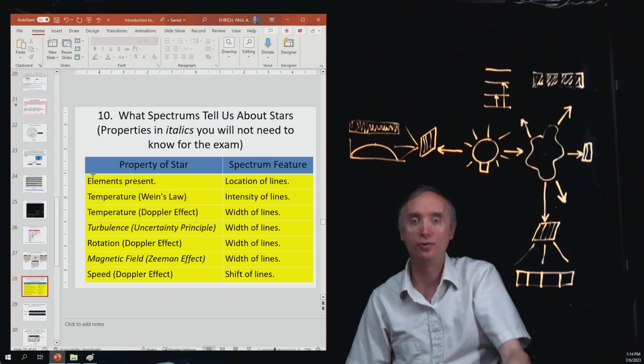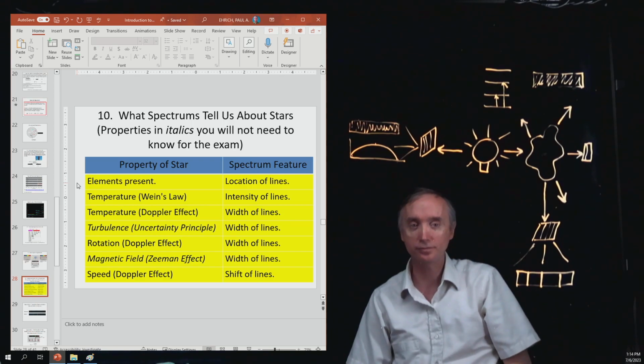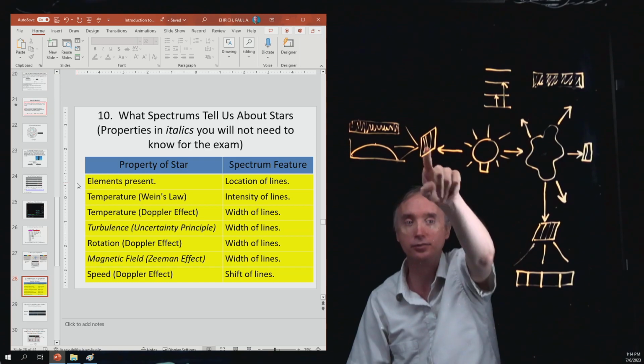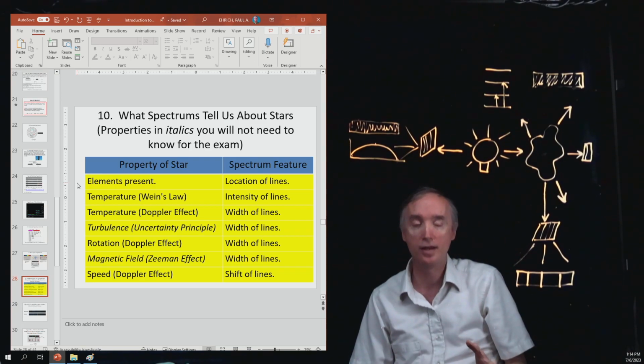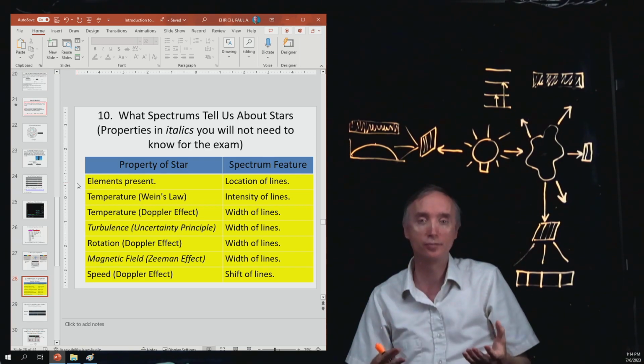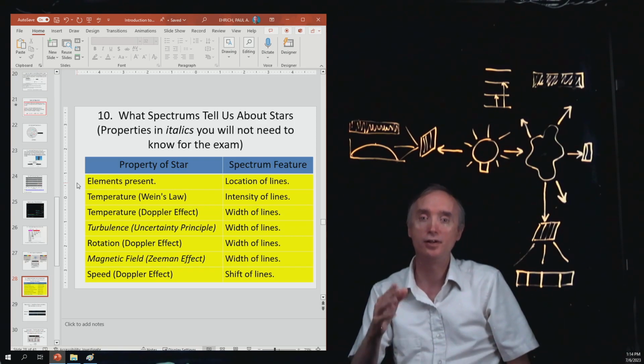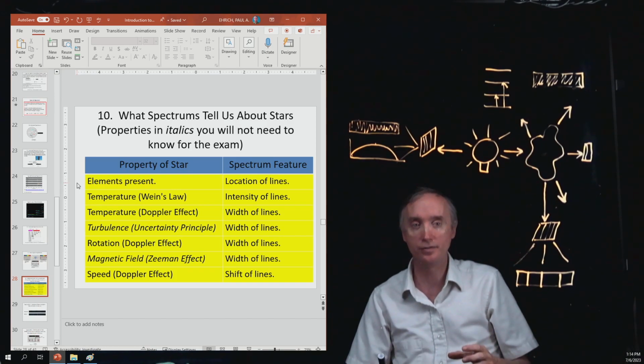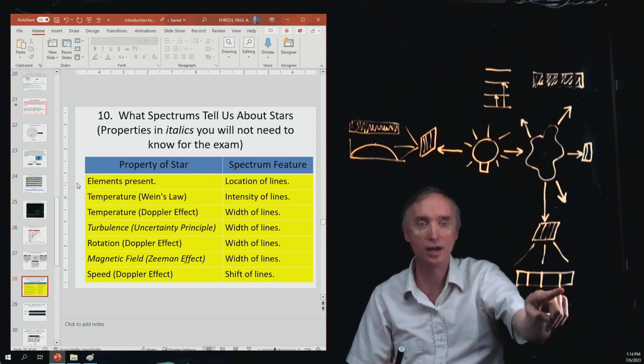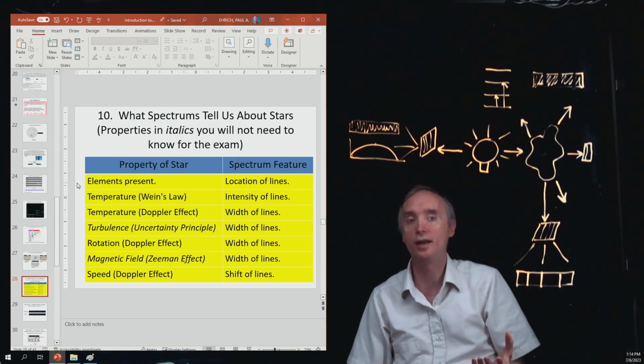You are an astronomer, and you have attached a diffraction grating to your telescope, and you've got all of this information about the spectrum of the star. What's it going to tell you about the star? So here's the information. Okay, the location of the lines, so what lines do you have, tells you what elements were inside the star.